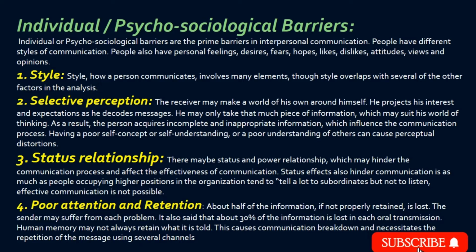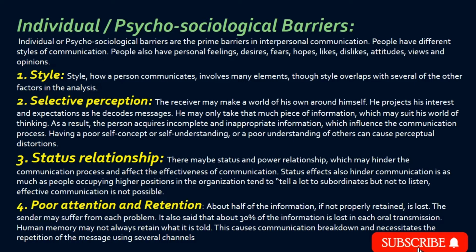The next one is status relationship. There may be status and power relationships which may hinder the communication process and affect the effectiveness of communication. This we can see in the organization, that is the boss and the subordinates. That's clear cut, that is the MD, the general manager, and the next staff.